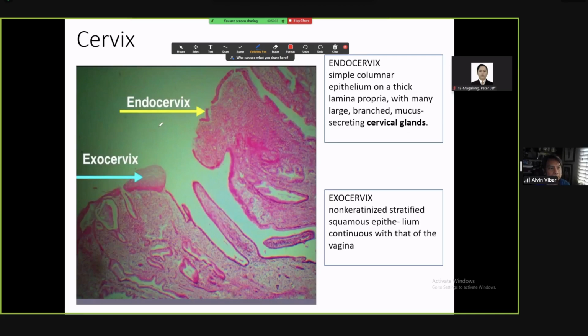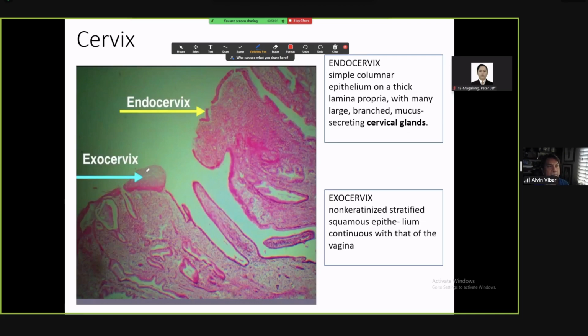Okay, so this area is the junction between the endocervix and the exocervix. So this is the most important thing to remember here. For you to identify the organ, we have to show you the junction between the endocervix and the exocervix. So take note again, the endocervix is a continuation of the uterus, while the exocervix will continue to become the vagina.